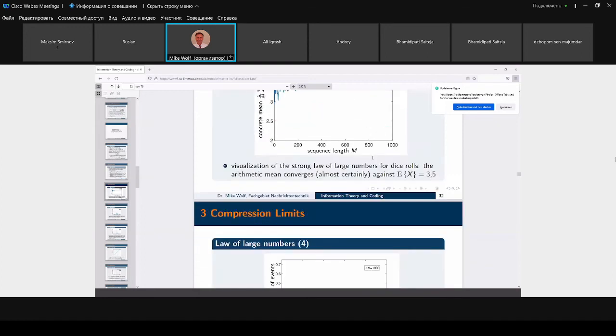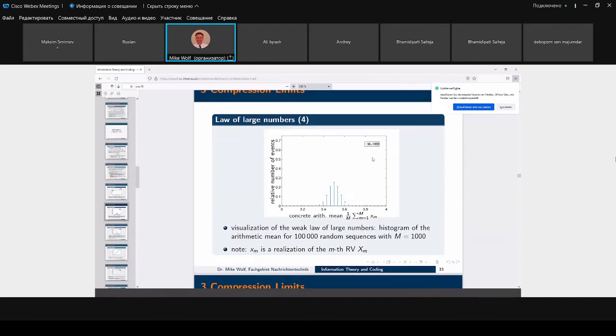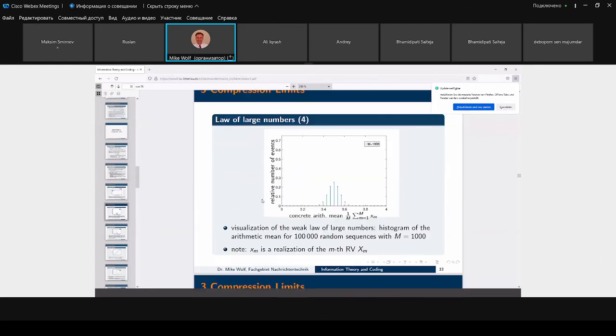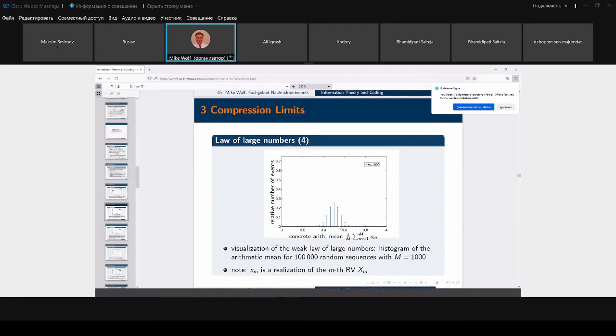And we can even prove this by means of histograms. What I've shown here is this arithmetic mean, which was shown here. It's the arithmetic mean on the x-axis, and here's the probability of this arithmetic mean for a sequence length of 1,000.